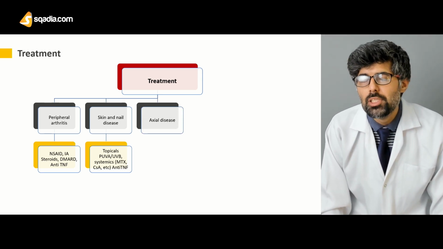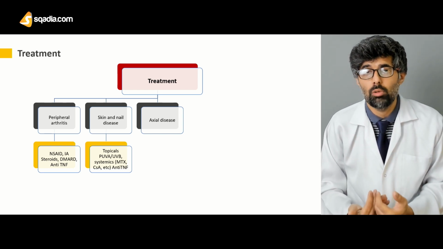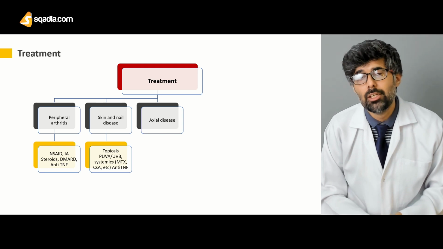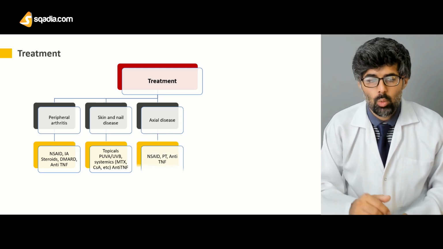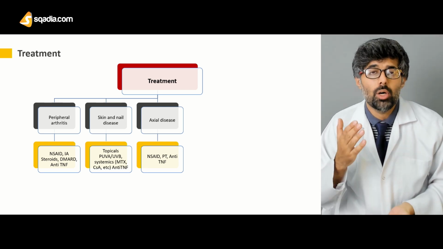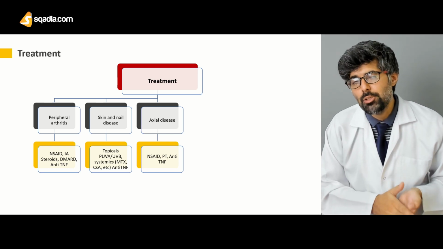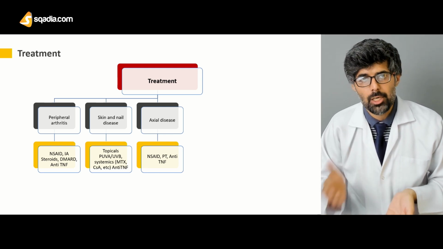Next, if the patient has axial disease, if the axial skeleton is involved, which is usually the sacroiliac joint, we give the patient NSAIDs, we advise physiotherapy, and we give the anti-tumor necrosis factor antibodies.